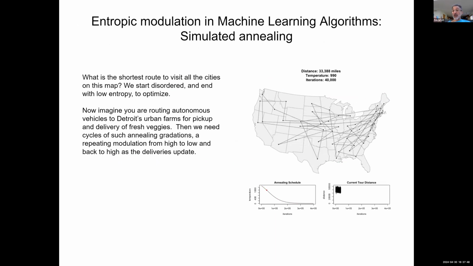So how do you do that optimization? Well, first you throw it out randomly. You find the best route, thinking about it over big distance spans, and then you slowly cool it, right?